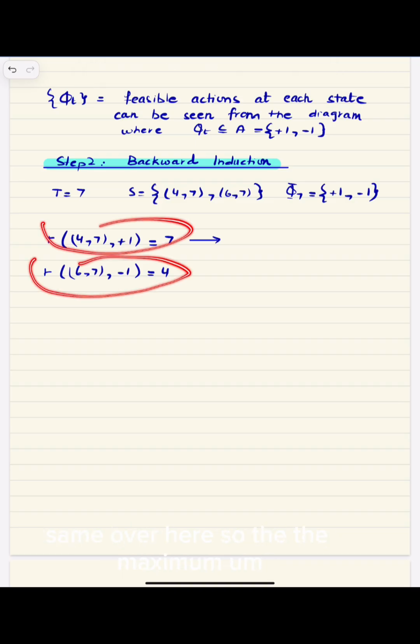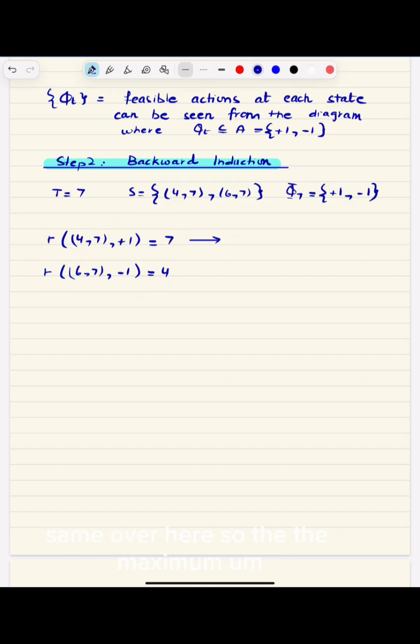Same over here. So the maximum revenue that can be obtained at the 4, 7 node is 7. Similarly, the supremum revenue that can be obtained from 6, 7 is 4.